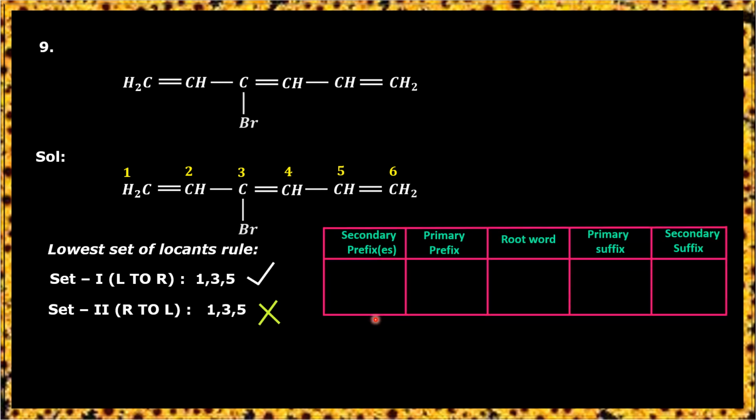Okay. Next, root word is hex, primary suffix, double bonds are there, en, secondary suffix e. Next, secondary prefixes: there is only one secondary prefix, that is one substituent, that is bromine. So here alk plus a triene, alkatriene. Why?